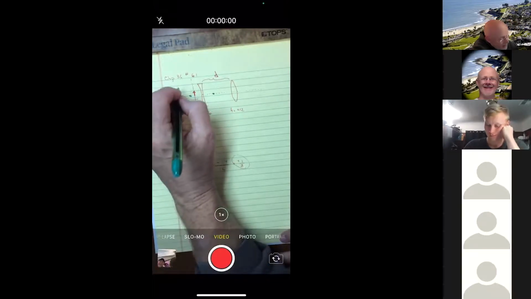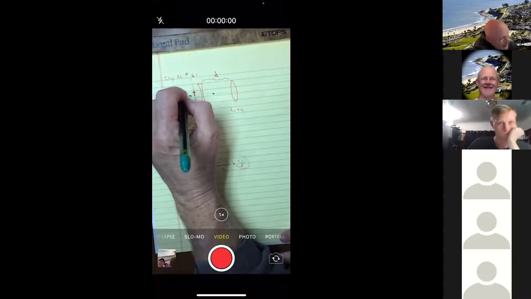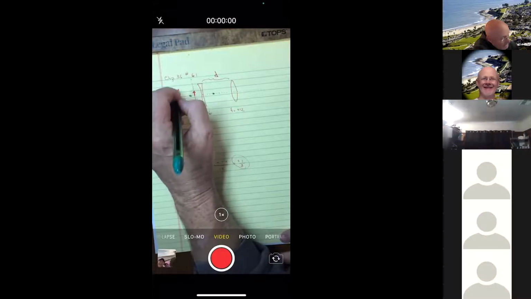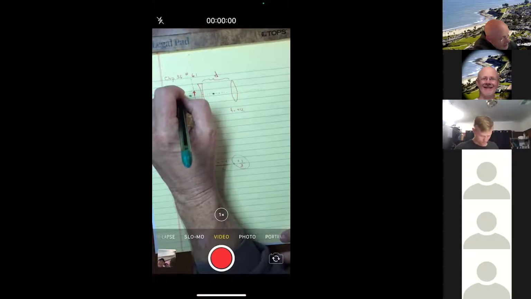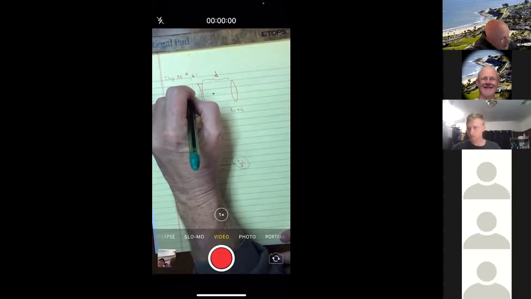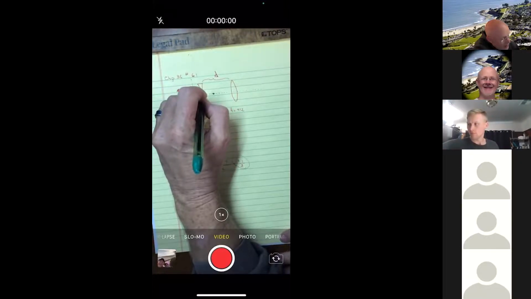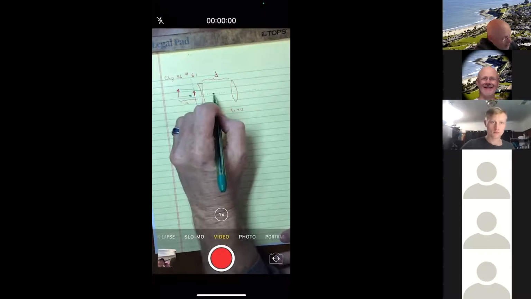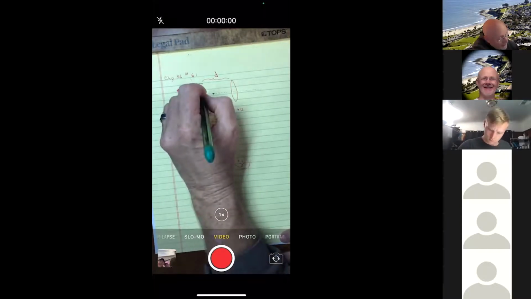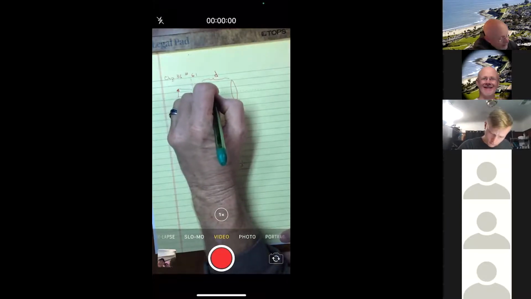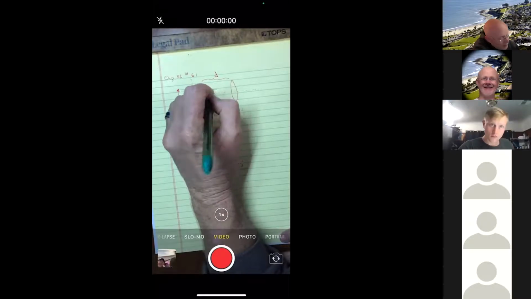And so a beam of light heading towards the focal point on the left would bend and go straight.